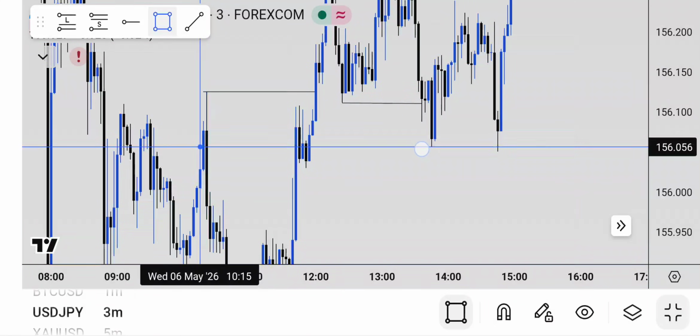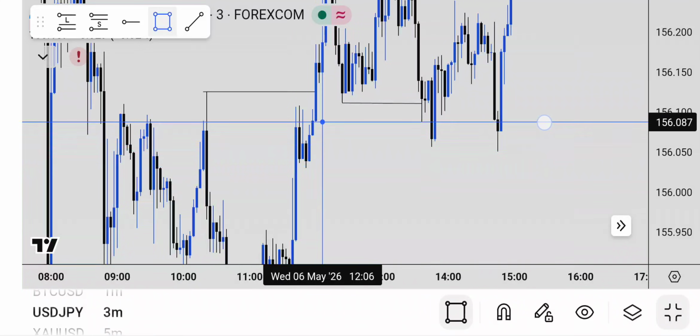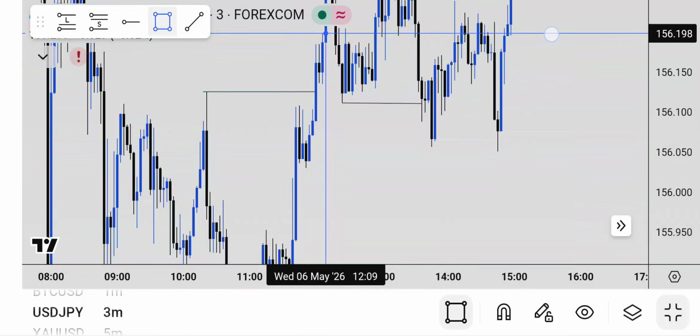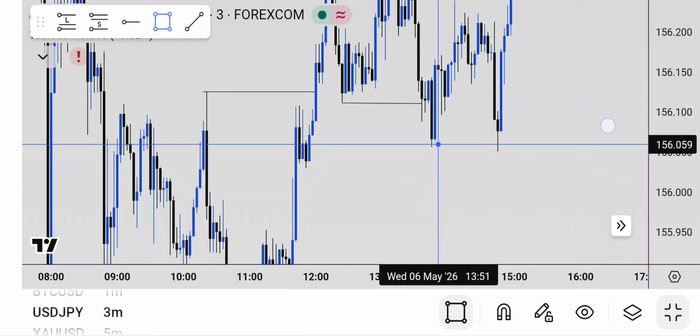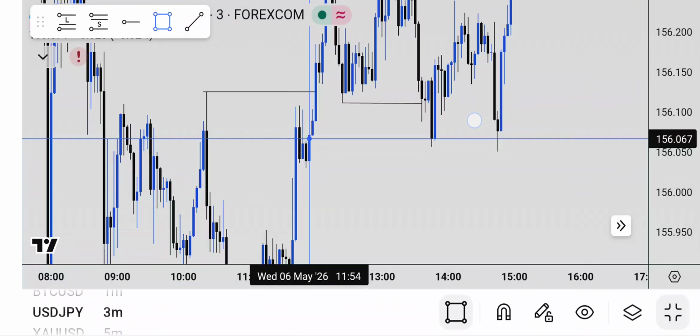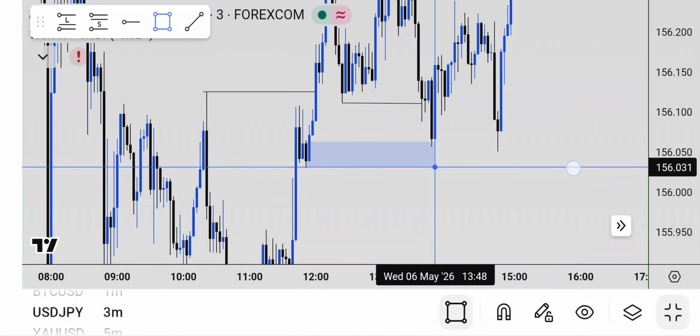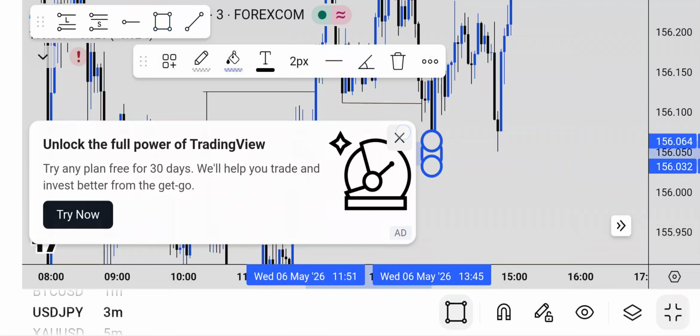Like I said, in the 5 minutes, this breaker block had already reacted and pushed this chart to the upside. So now this is actually my POI. This 3 minutes order block, that's why I marked it as my POI.